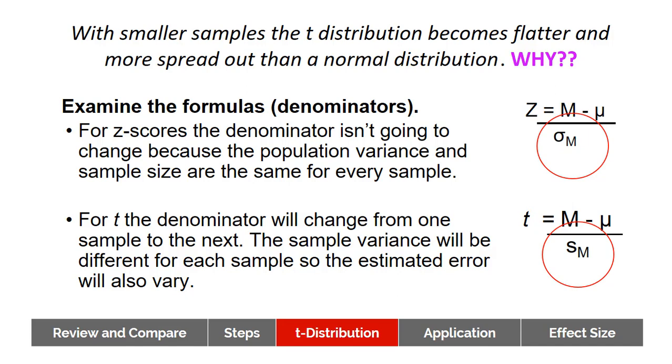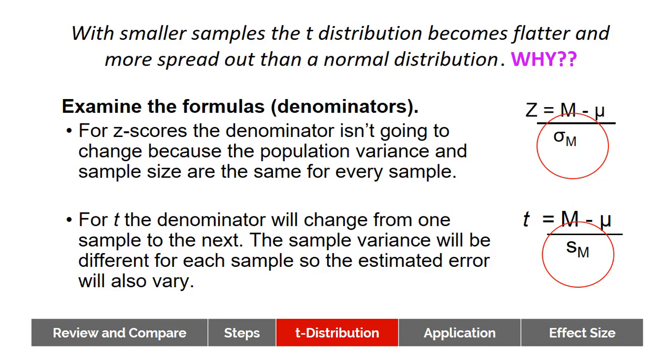Well, why is that? When we have a z-score distribution, the denominator isn't going to change because the population variance and sample size are the same for every sample. We know this population variance. It's not going to change. But for the t-statistic, the denominator is going to change from one sample to the next.